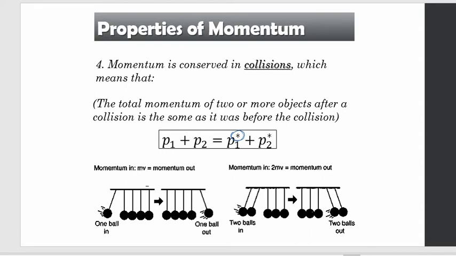So let's take this for example, Newton's cradle. If only one ball is moved from its position, when it collides with the other four balls, only one ball of these four will move at the same speed. And the reason is that the momentum that comes in will be the same as the momentum that comes out.